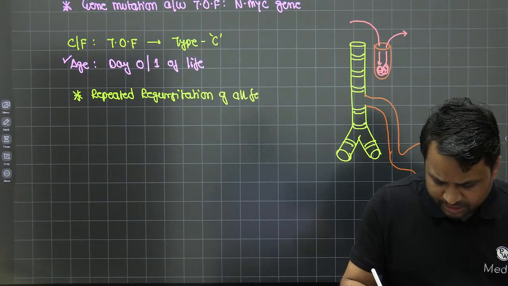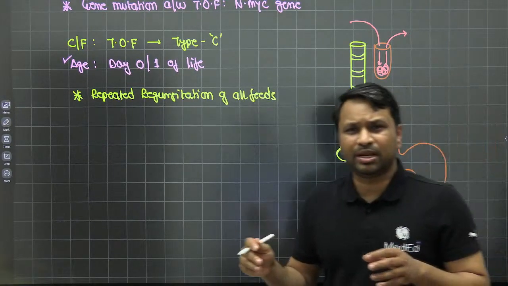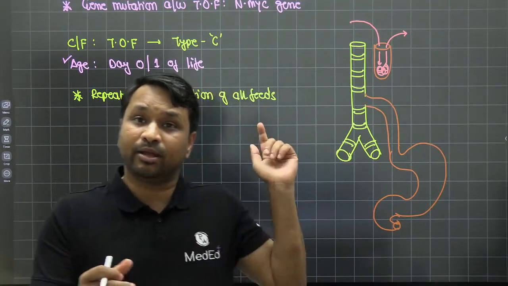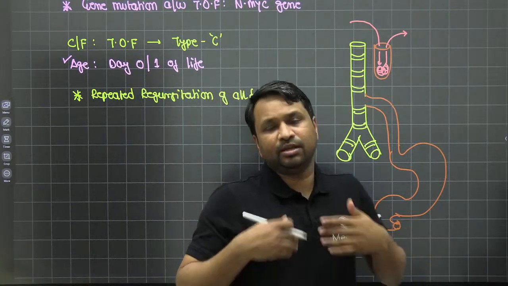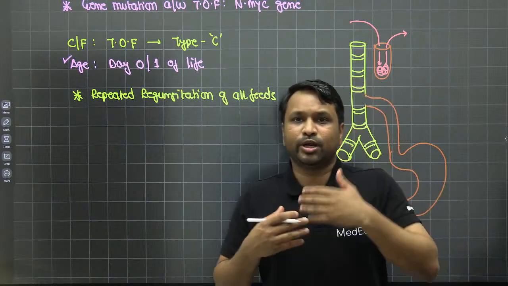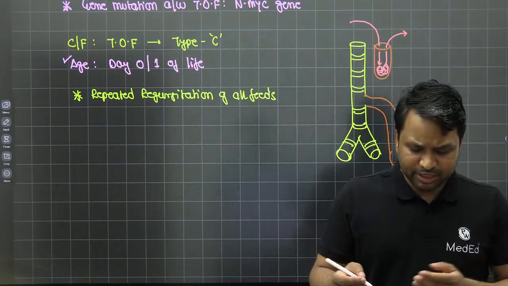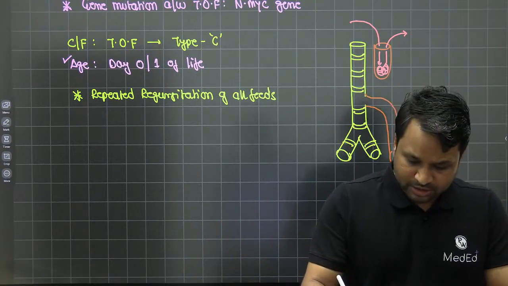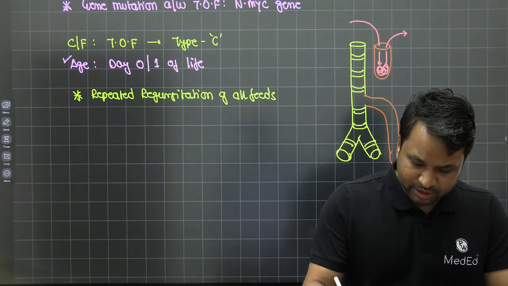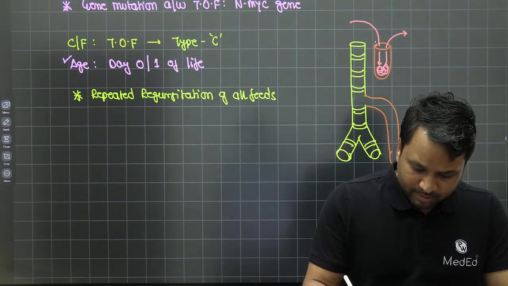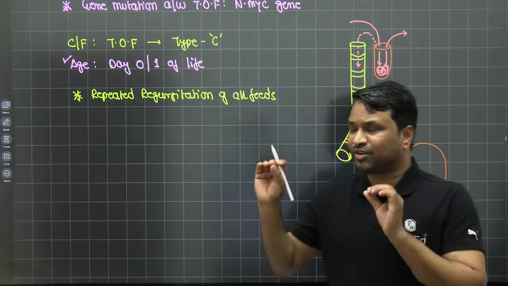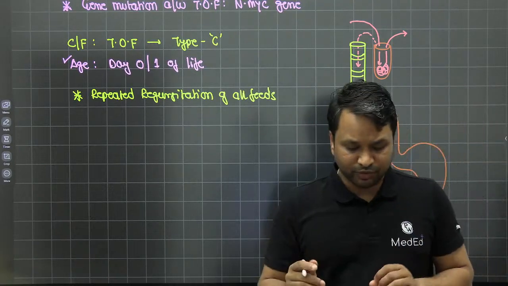When I say repeated regurgitation of all feeds, I do not mean I'm going to feed biryani to this kid, but every single feed that you attempt is going to revert. Obviously, the baby is going to do this multiple times. Now, the problem is that when it regurgitates, some amount of the regurgitated feed can also go into the trachea and result in aspiration, right? So this is another thing that you need to consider. For now, remember, there's repeated regurgitation of all feeds.